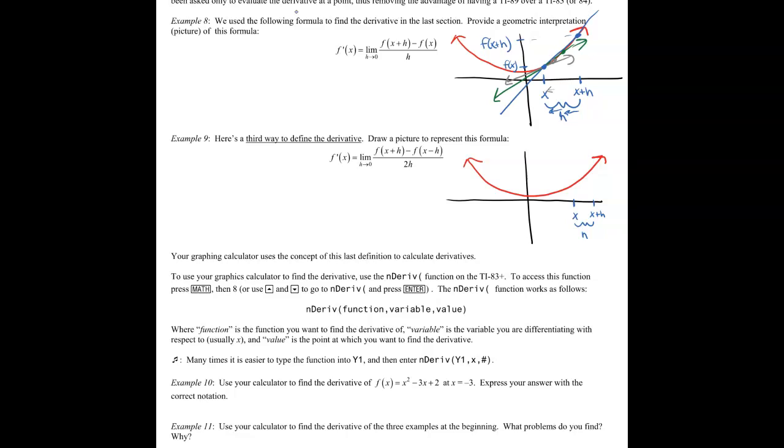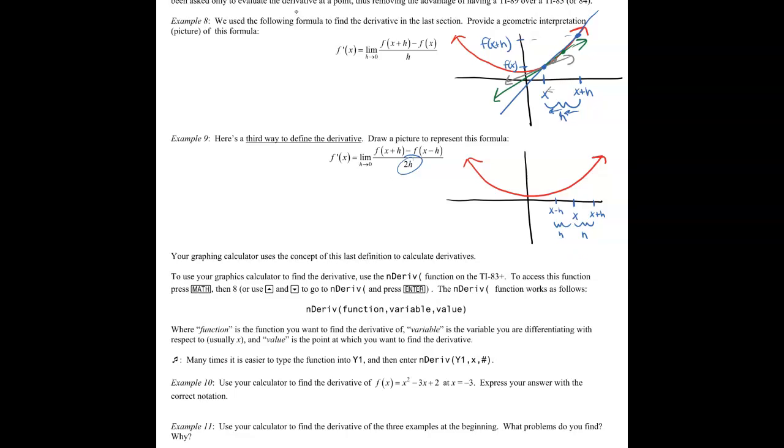But what if I go h distance back the other way? Well, if I went h distance back the other way, then I would have x minus h sitting over here, which, well, an h and an h, that gives me that 2h in that particular formula, in that denominator. So that's where that comes from.